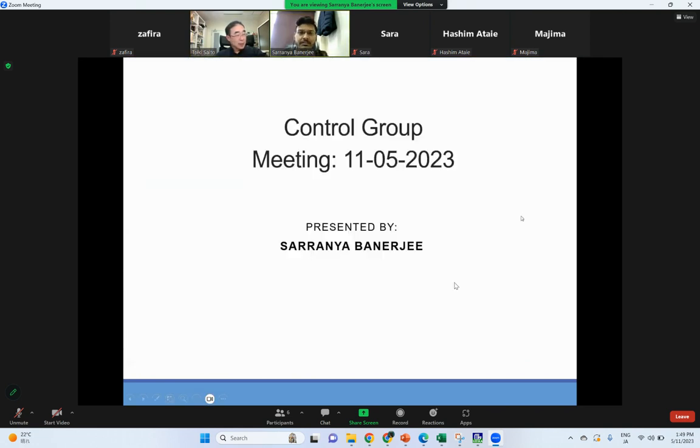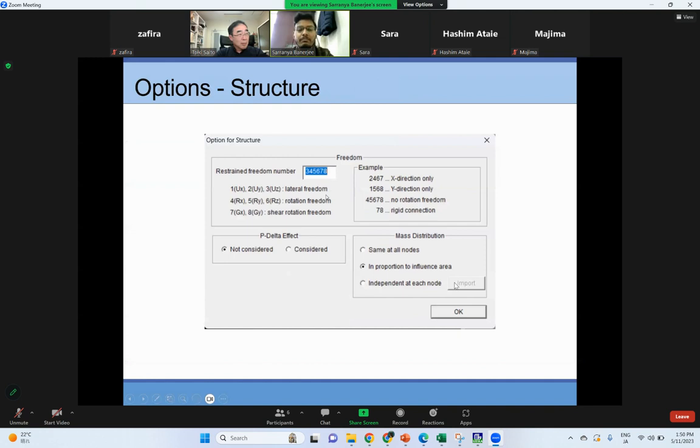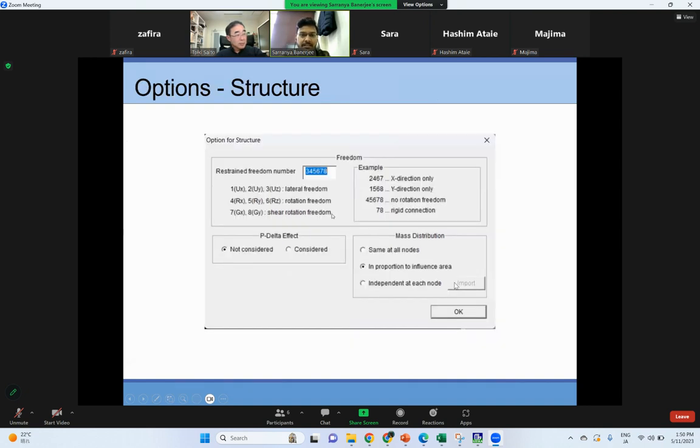Since the last time we had the meeting, where we were discussing my building analysis was not correctly completing at first. So I used the same natural rubber bearing with this stiffness as discussed earlier.